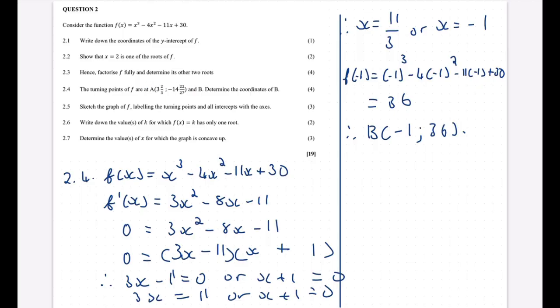We also found the turning points. First one was this one. Okay, now let's just write those out as decimals. 11 over 3, that's about 3.67. Then that, negative 14 and 22 over 27. In decimal, that's about negative 14.81.